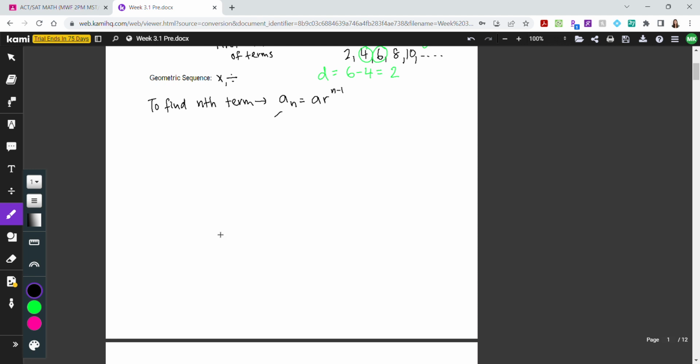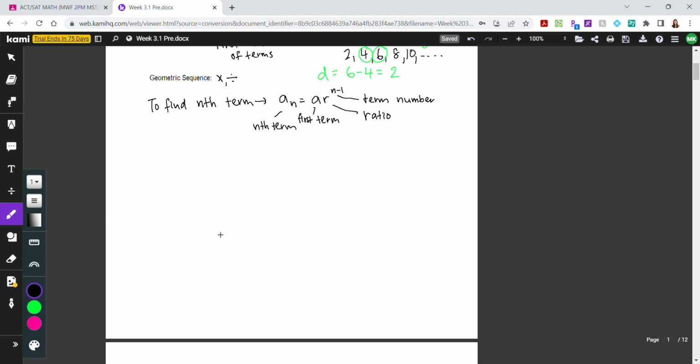Again, a_n here is the end term. This a is the first term. R is our ratio, and n is our term number, right? So that means if we're trying to find the 7th term, we would plug in 7 to where n is.